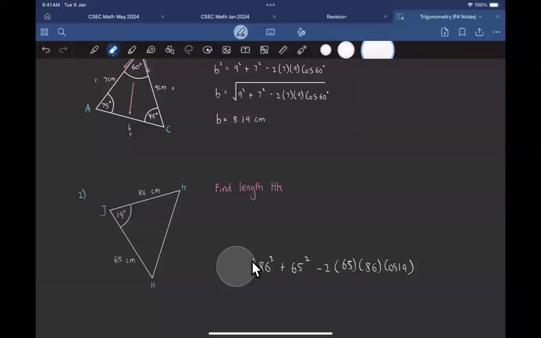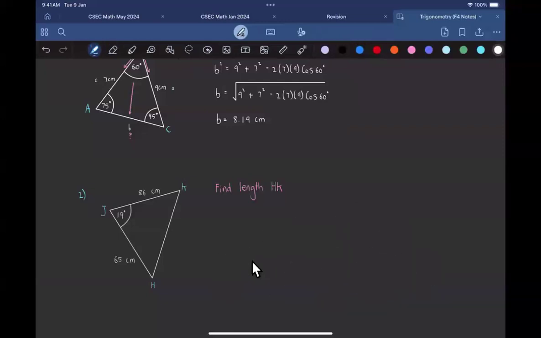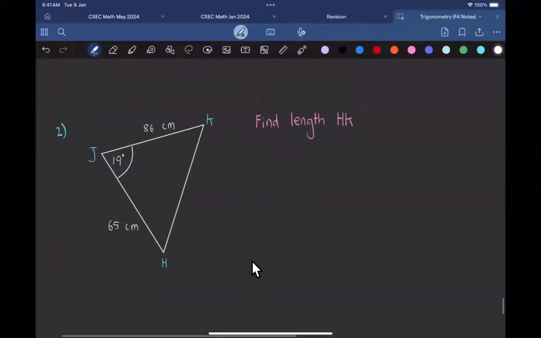So, Rihanna, I want you to explain this question to me so that everybody else will understand it as well. Tell me, why are we using the cosine rule for this particular question?